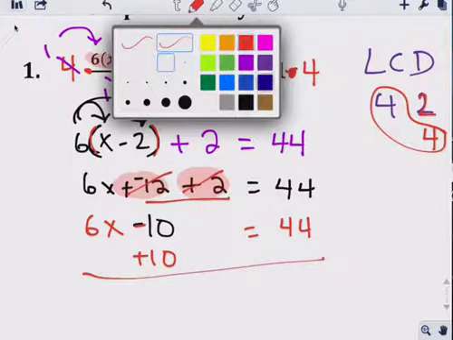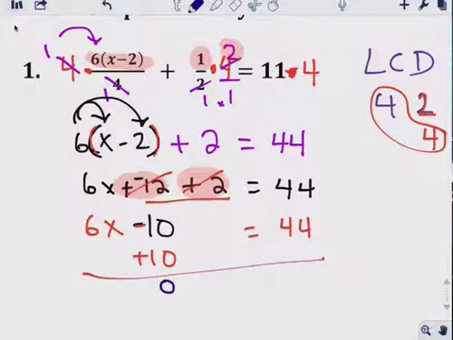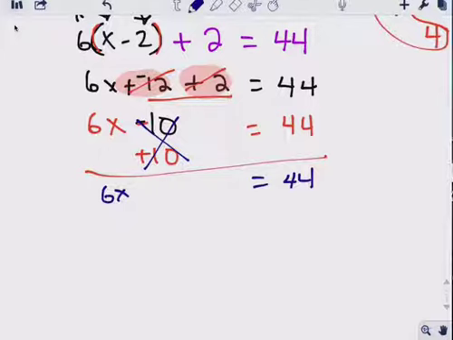Okay? 0 is here. That's 6x minus 0 equals 44. 6x minus 0 is just 6x. That's why we eliminate. That's why you see people cross out that. And then we always divide last.